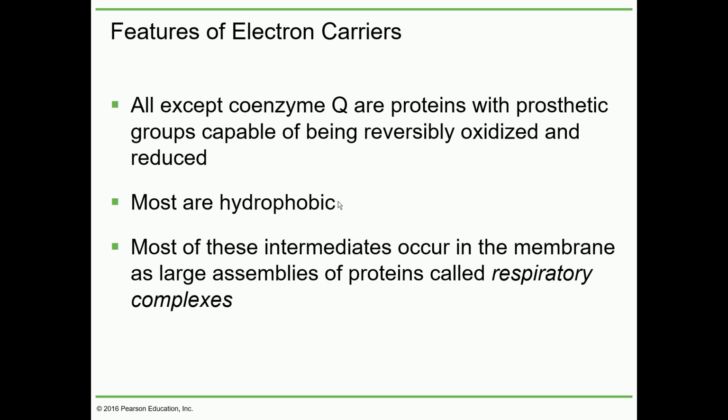So when they accept the electrons from these electron carriers, they get reduced, and then they pass these electrons to the next electron carrier. When they pass the electron to the next electron carrier, they get oxidized again. This is the way these electron carriers keep on passing these electrons, and the final electron acceptor is oxygen. So eventually these electrons are accepted by oxygen, and oxygen is reduced to water.